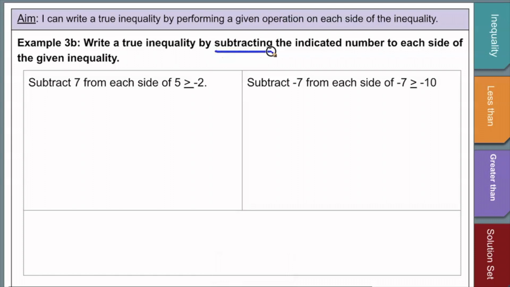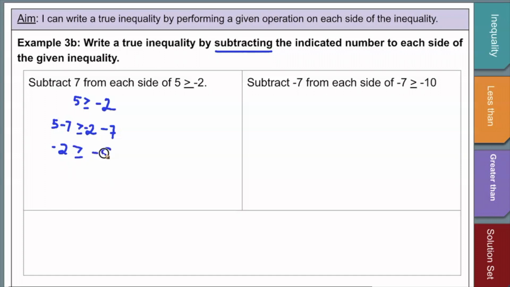For example 3b, let's find out what happens when we subtract the same number from each side of a given inequality. Subtract 7 from each side of 5 greater than or equal to negative 2. Let's do it horizontally. 5 minus 7 and negative 2 minus 7 would give us negative 2 greater than or equal to negative 9.